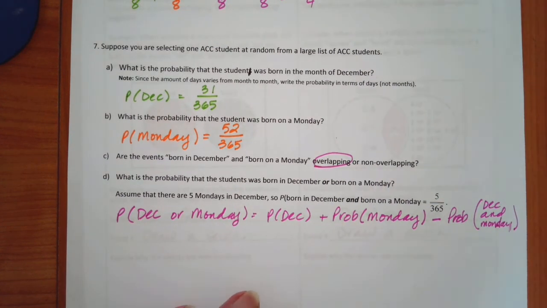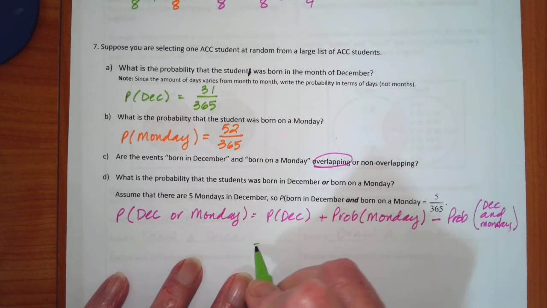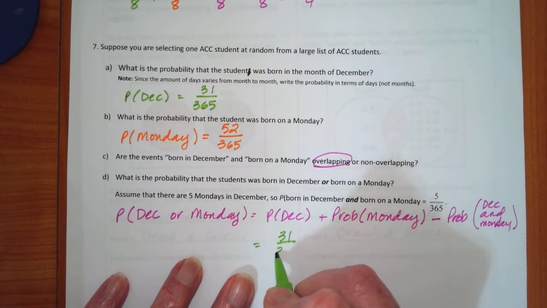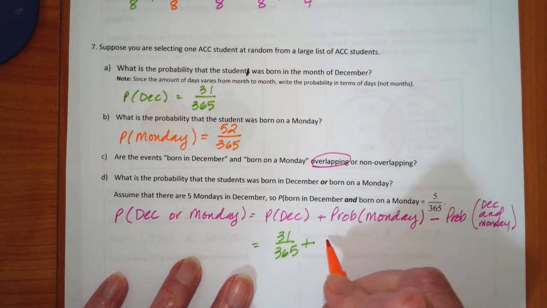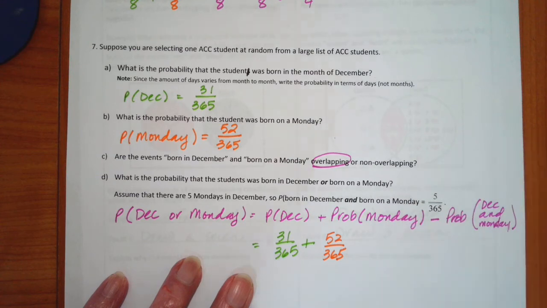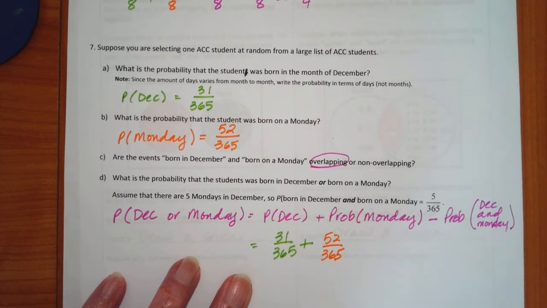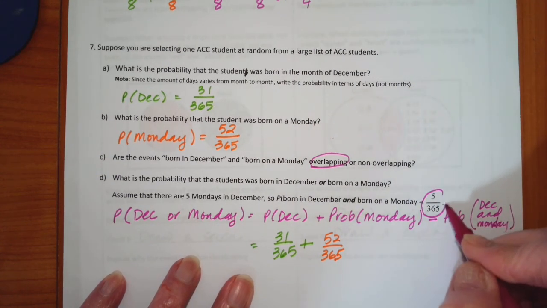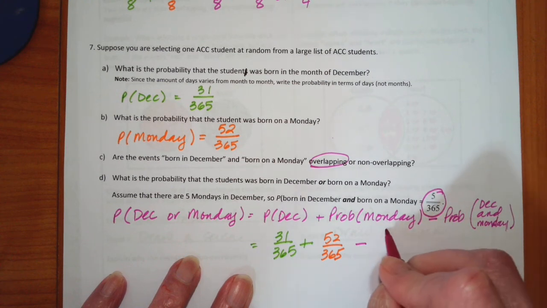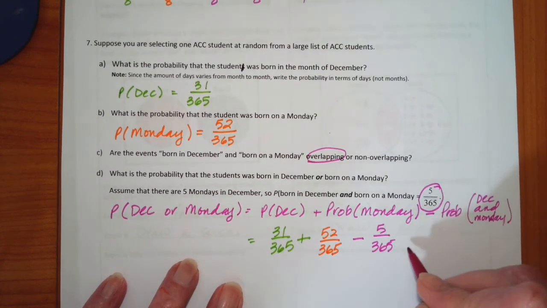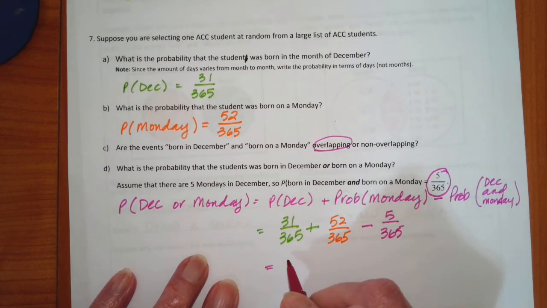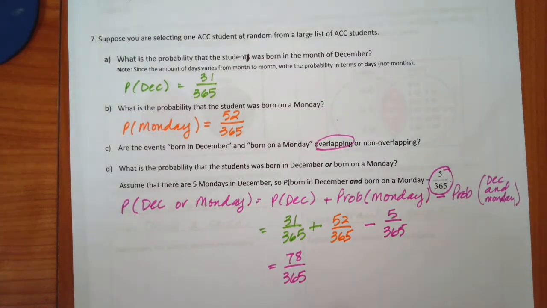Well, we know what each of these is. The probability of December is 31 out of 365. The probability of a Monday is 52 over 365. And since they are overlapping, we're going to have to subtract out that duplicate, and we end up with 78 out of 365.